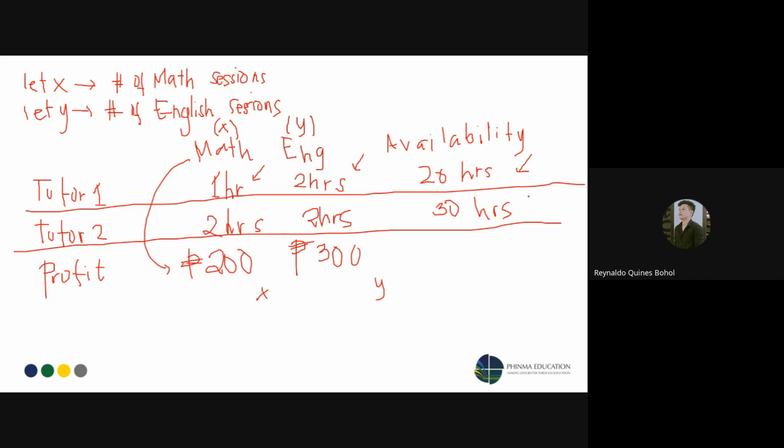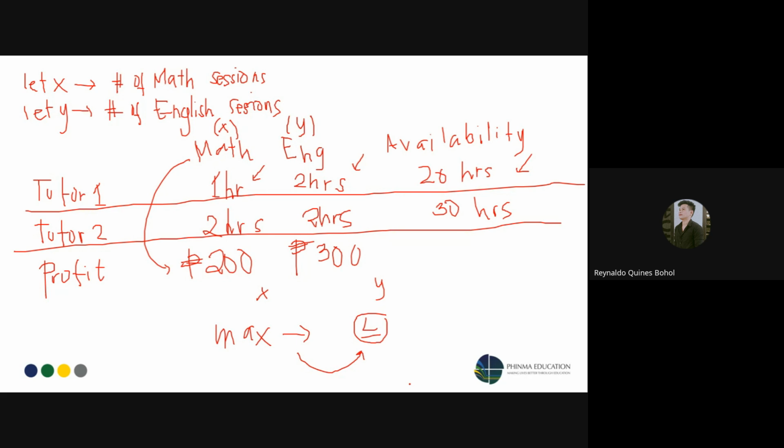Always remember that when it comes to maximization, guys, since it is a maximization, the inequality symbol is always less than or equal to. So most likely it uses less than or equal to. It's vice versa for minimization, where of course it is greater than or equal to.